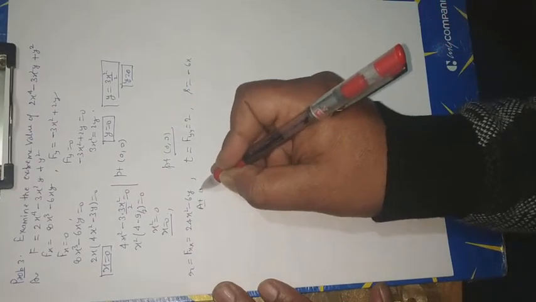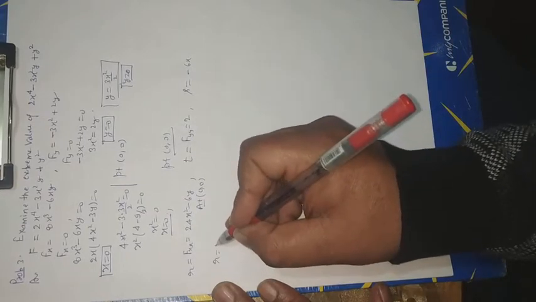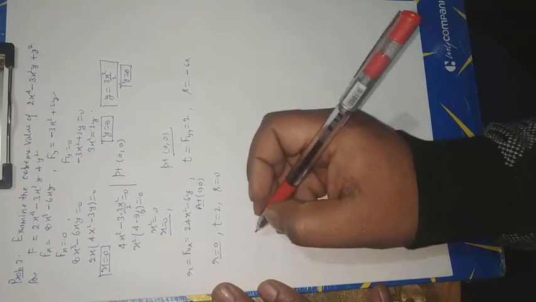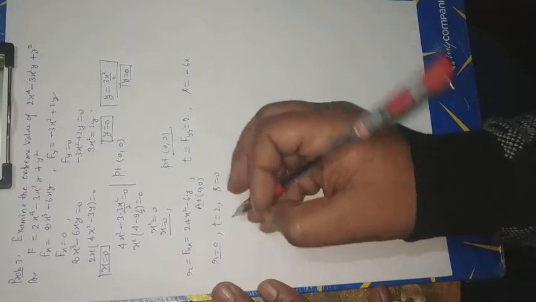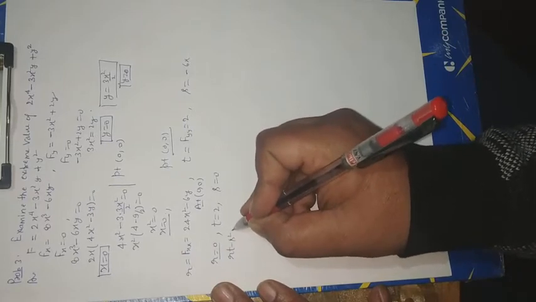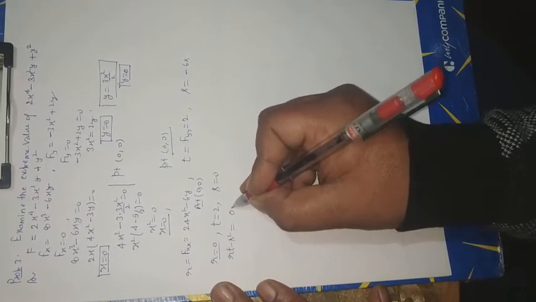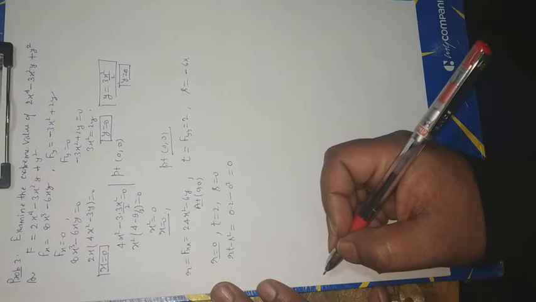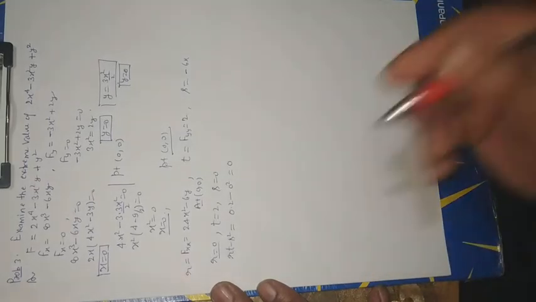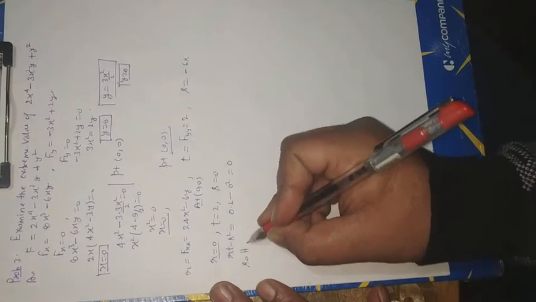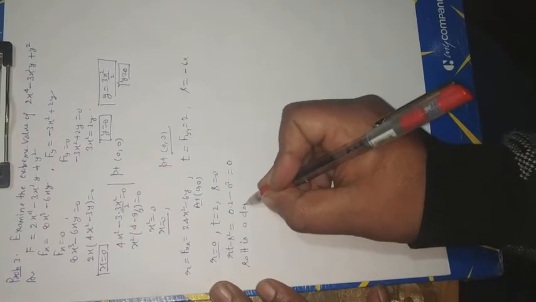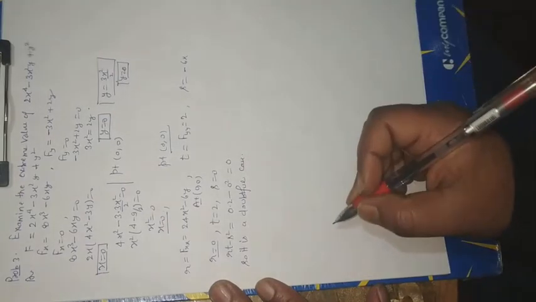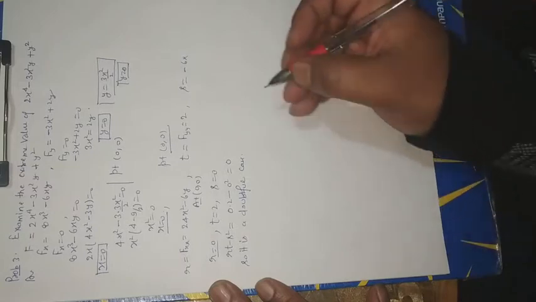At point origin, r is equal to 0, t is equal to 2, s is equal to 0. Therefore rt minus s square is equal to 0 into 2 minus 0 square, which is equal to 0. So it is a doubtful case, which requires investigation again.